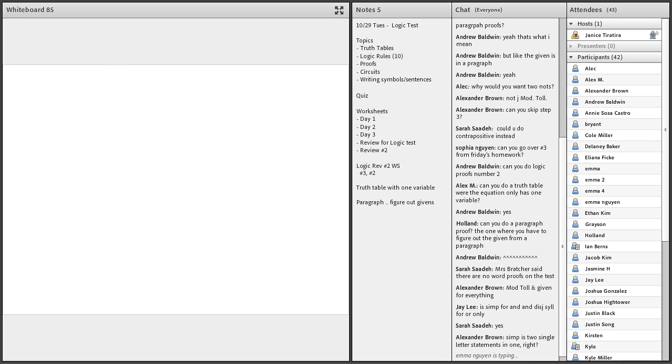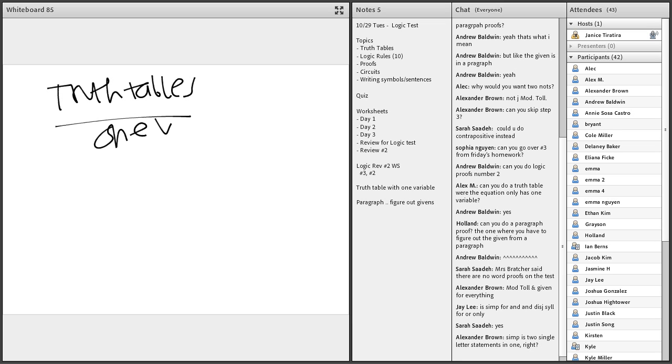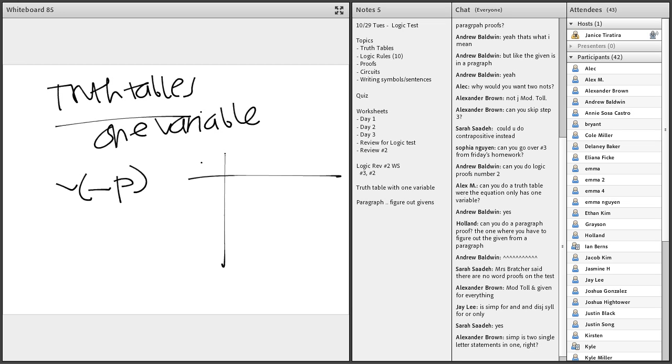Okay. All right. So I'm going to do truth tables. So let's say, and this is for two variables, but I think I want to do one that's a common mistake after. So this is with one variable. Like for instance, just the letter P. So it'll say, find the truth table of not P. Well, there's only one letter.